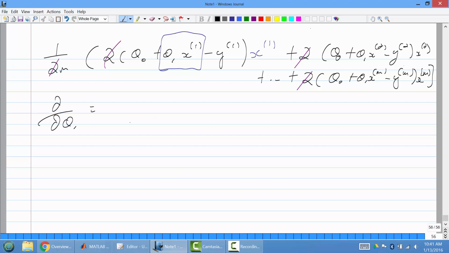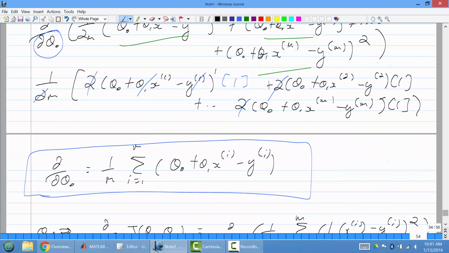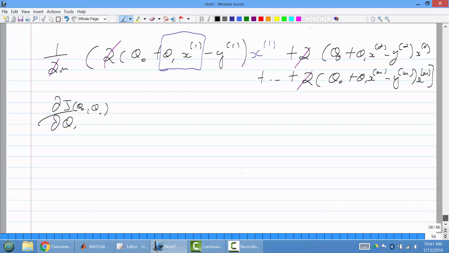Sorry, let me go back up. Oopsie, I forgot to put in the cost function. I have to differentiate with respect to a variable, and I forgot to do that. My bad, sorry about that.